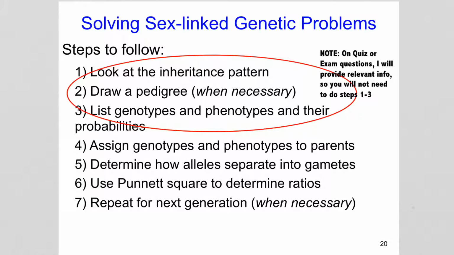So using that Punnett square to determine, hey, what are our ratios in terms of genotypic and phenotypic ratios? And repeat that for the next generations. So once you go through this enough times, you'll get clues as to whether the condition is manifesting as an X-linked dominant, an X-linked recessive, or even for other examples that we've covered so far.